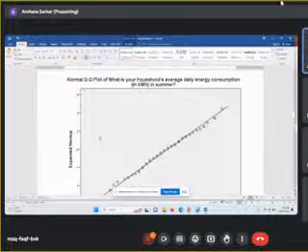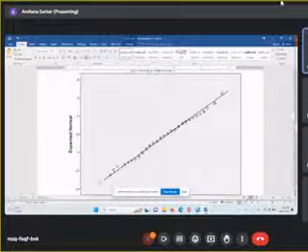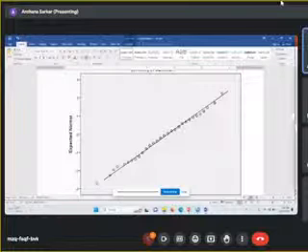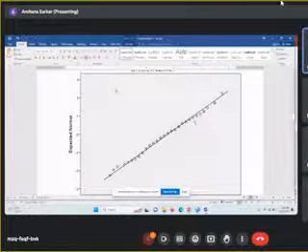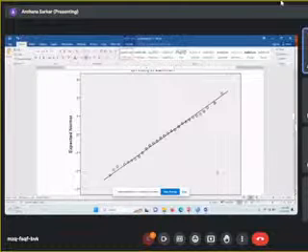The QQ plot: whatever the answers of your respondents or whatever your data is, it should fall in one line. Here, by observing this QQ plot, you can see that your data is in one line. If it falls in this region or this region, then you can say that your data is not normally distributed.